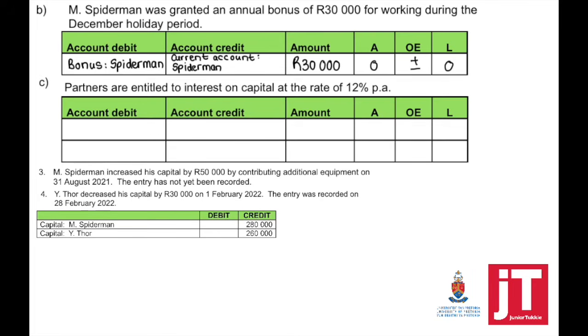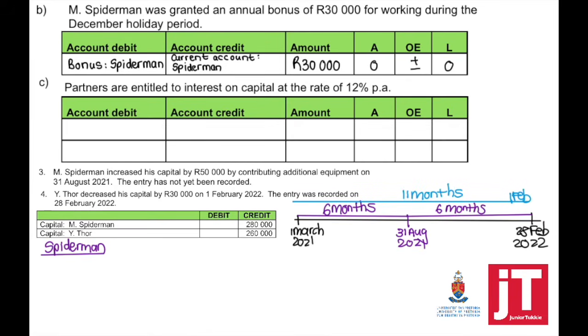But during the year, one partner decided to increase and the other partner decided to decrease their capital. So this is what we said earlier for the general ledger purpose as well as for interest on capital. It's important to know: has this entry been recorded or has it not yet been recorded?